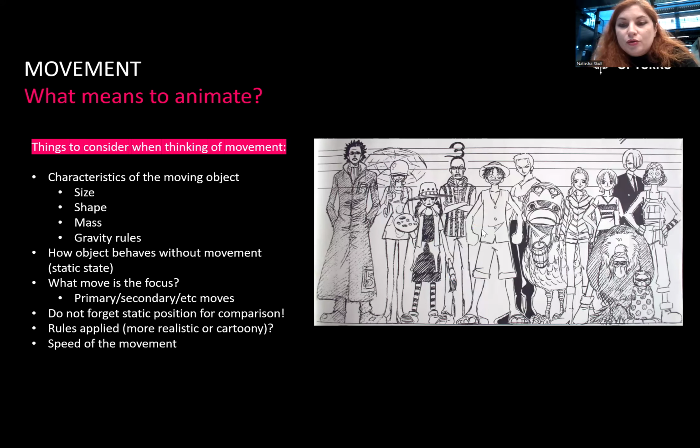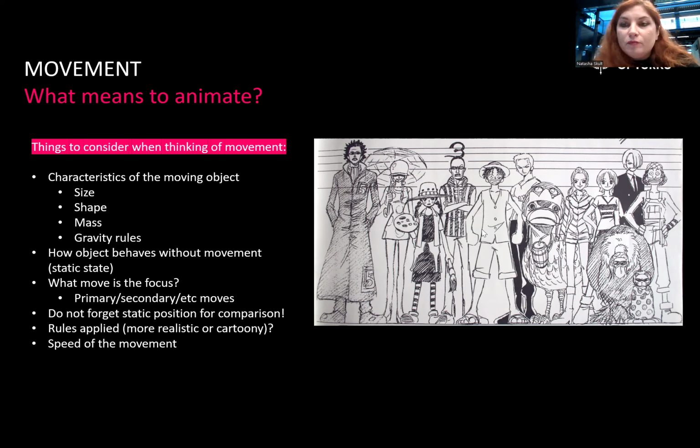So before we go into the principles, because we will cover the basics of animation, which has 12 principles, the things to consider, doesn't matter what kind of animation you do, it doesn't matter if it's not even interactive, it can be traditional animation, like a cartoon kind of thing.